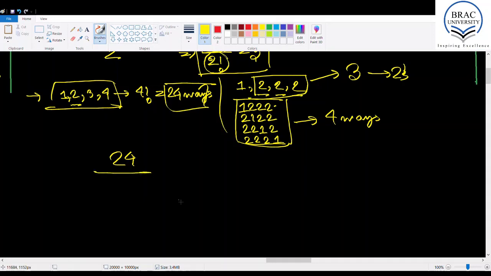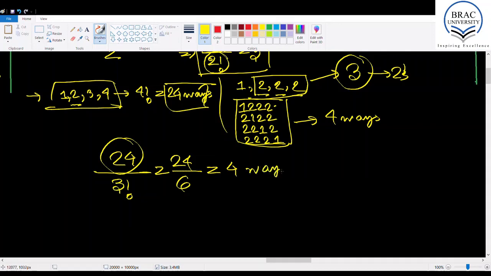So if we divide this total number of permutations by the factorial of the number of same elements, that is 3 factorial, we get 24 by 6 equals 4 ways. Students, this is interesting. Didn't we just get these 4 ways? Yes.